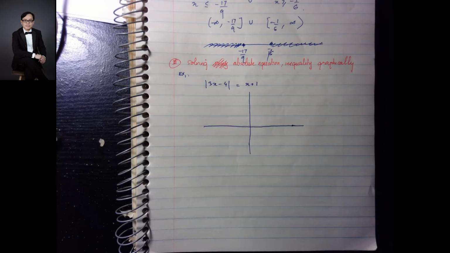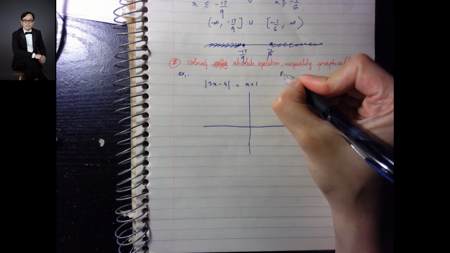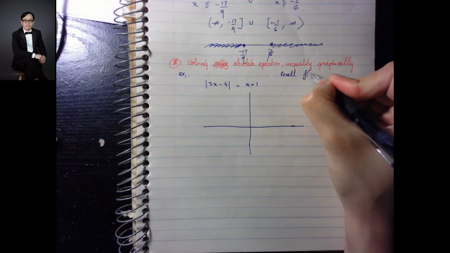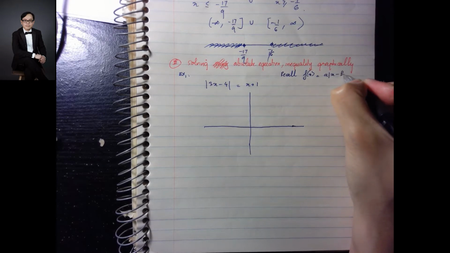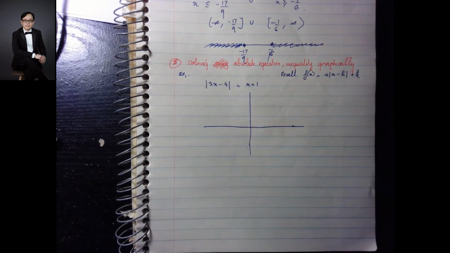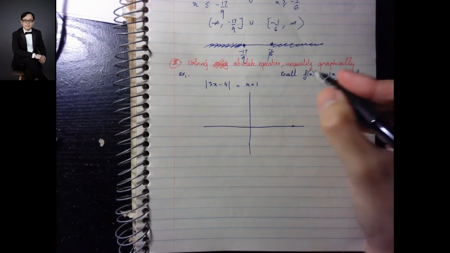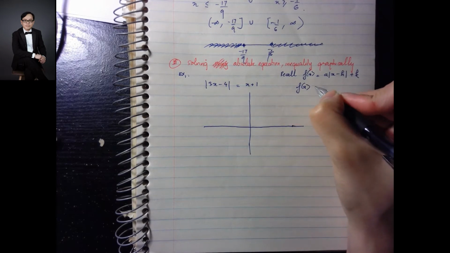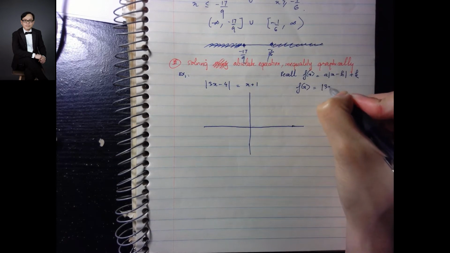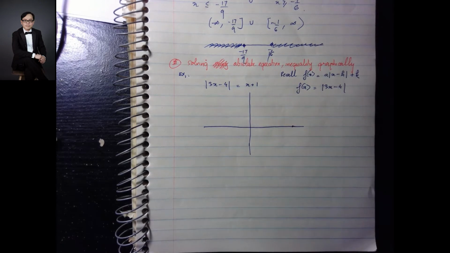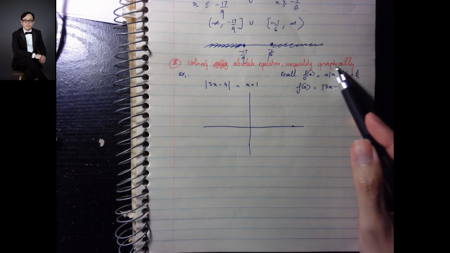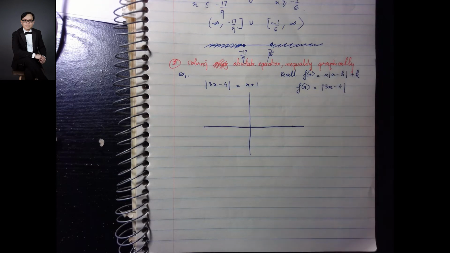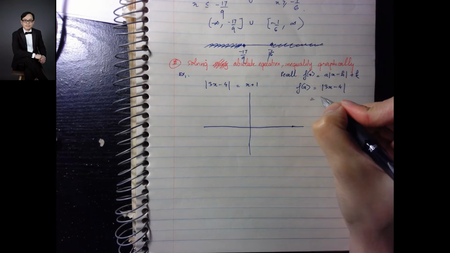Recall the absolute function has this form: a times absolute of x minus h, plus k. A is the coefficient, so over here the function we're considering is f(x) equals absolute of 3x minus 4. So we need to manipulate it a little bit so that it's in this form. I'm going to factor the number 3 out. There you go.